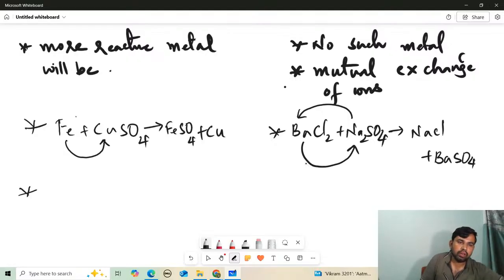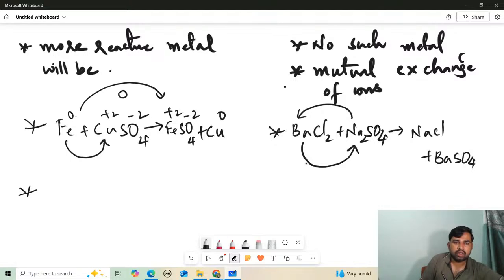And one more thing to understand here. If I take Fe, the oxidation state is 0, this is plus 2, this is minus 2, this is plus 2, this is minus 2, this is 0. You see oxidation here, and similarly reduction here. So we can say displacement reactions are redox reactions.